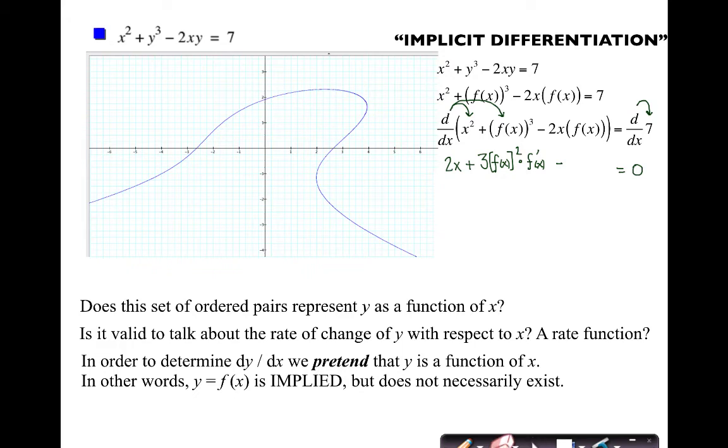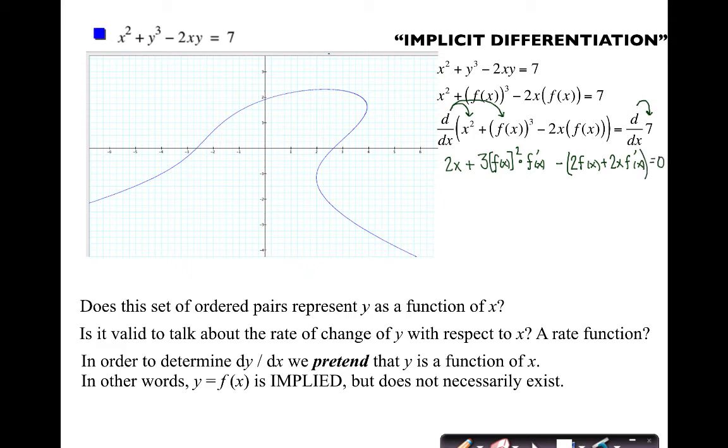So I'm going to scoot this equals 0 to another line. I take the derivative of the 2x times the original f of x plus the original 2x times the derivative of f of x. And then there's that equals 0.